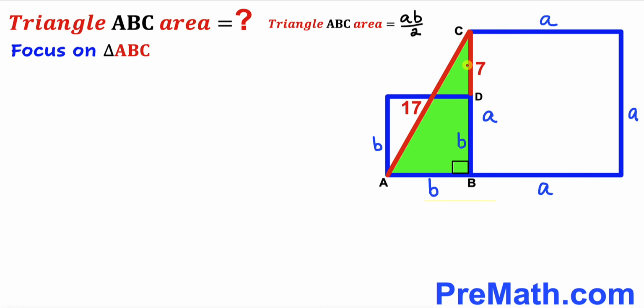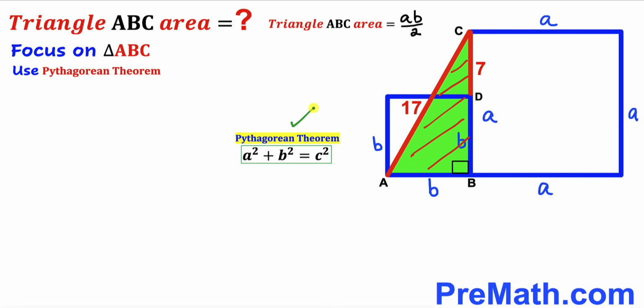And now we are going to focus on this right triangle ABC, and we are going to apply the Pythagorean theorem on this triangle. And here's our Pythagorean theorem: a square plus b square equal to c square. In our case, our hypotenuse is 17, whereas our two other legs are lowercase a and lowercase b. Let's go ahead and fill in the blanks in this Pythagorean formula.